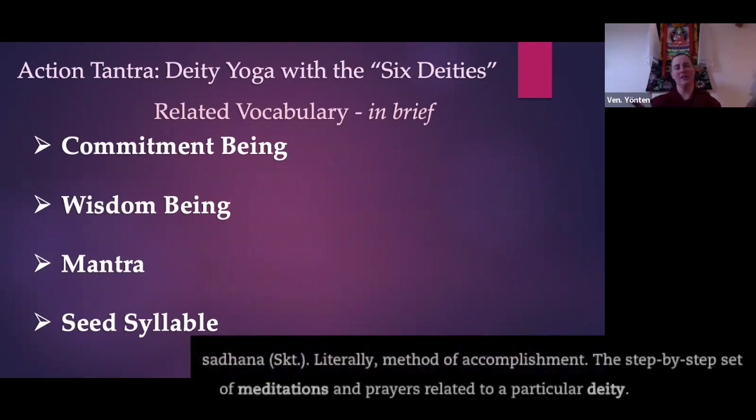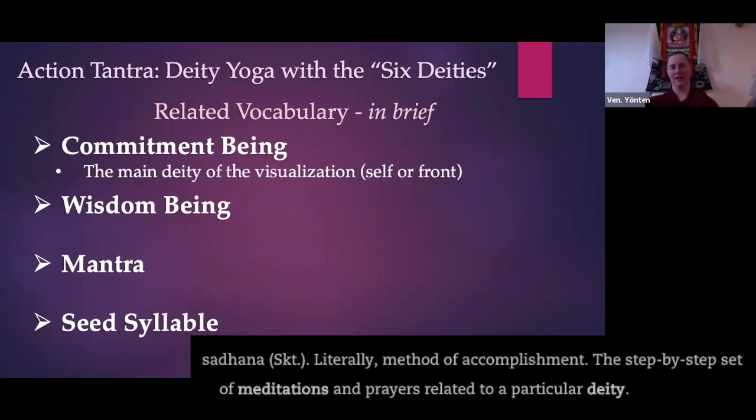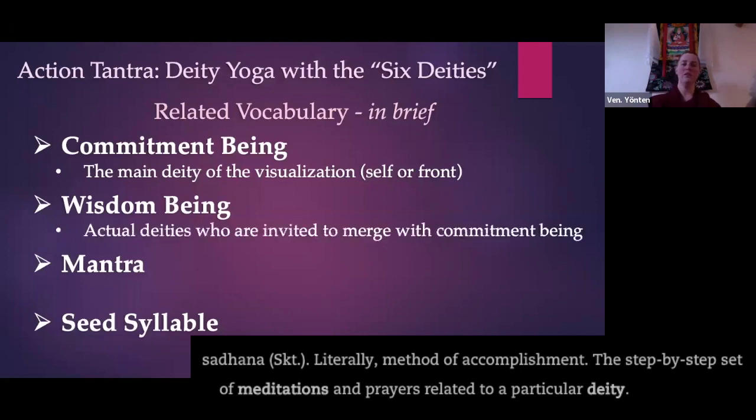we've got in a sadhana something called a commitment being. The commitment being is just the main deity of the visualization, whether the self or the front. So if we're doing Chenrezig practice, the commitment being is Chenrezig. Then the wisdom beings are the actual deities who are invited to merge with the commitment being.